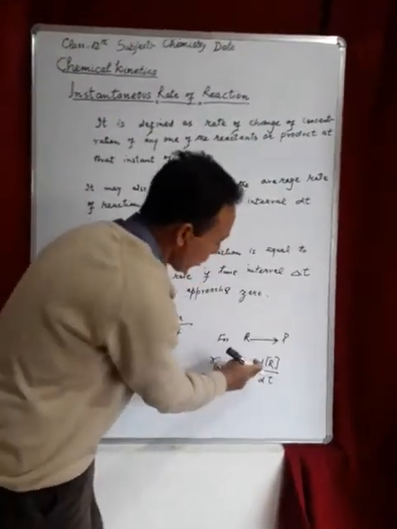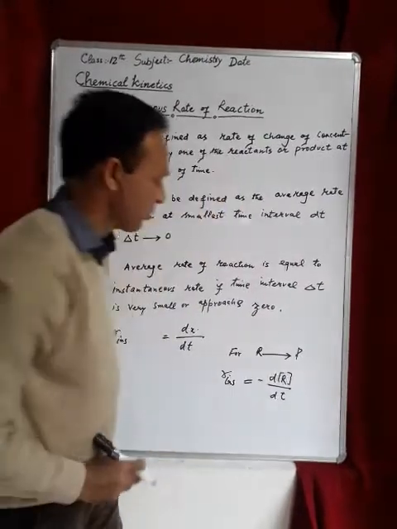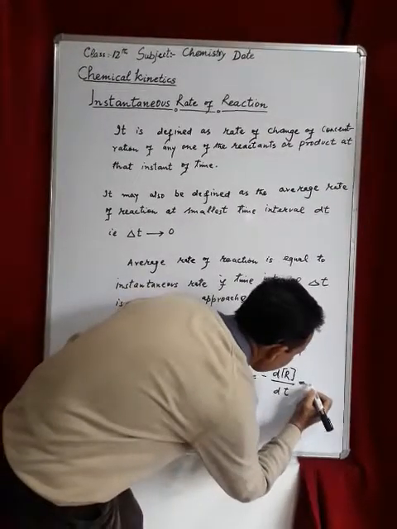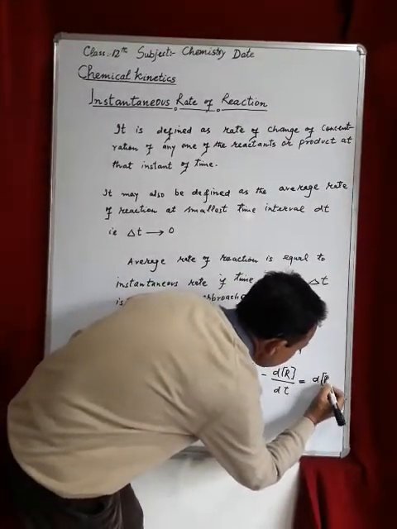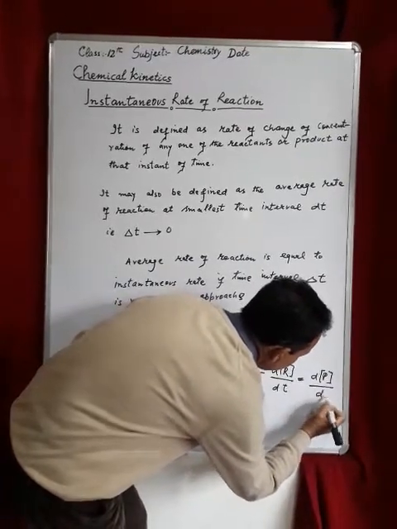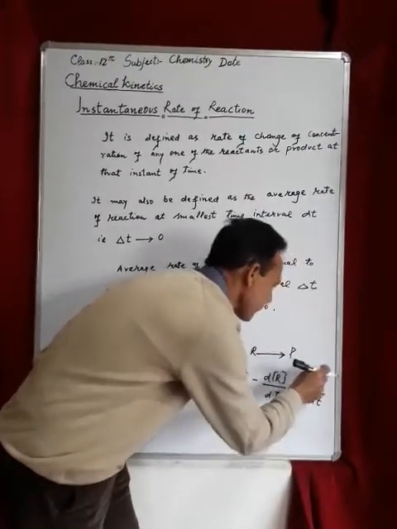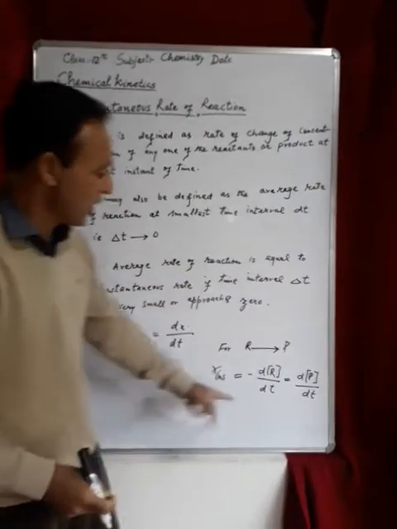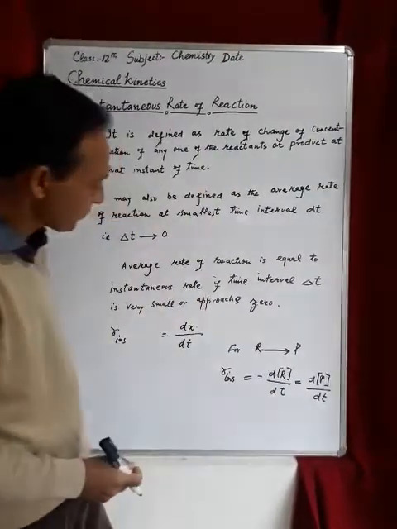It is reactant, so this is the decrease in the concentration of the reactant, or this is dP divided by dt. This is plus because the concentration of the product increases as the time passes.